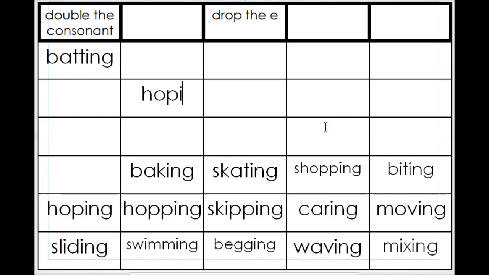That second vowel makes the O say its name, and then putting my addition of ing. So this, I had to just drop the E and add ing.